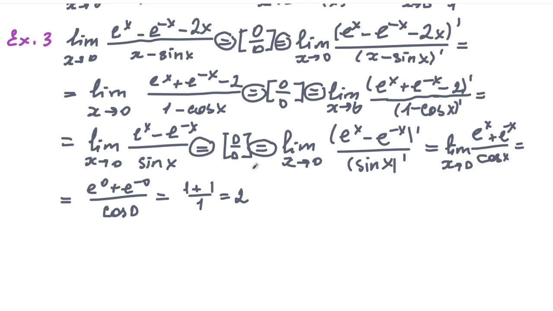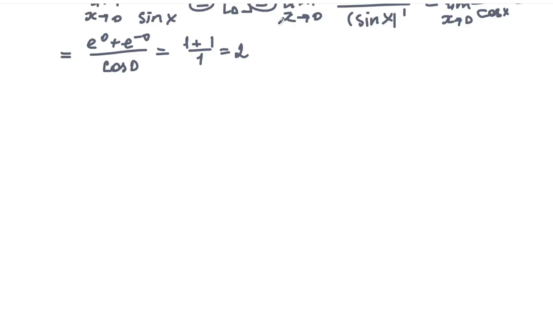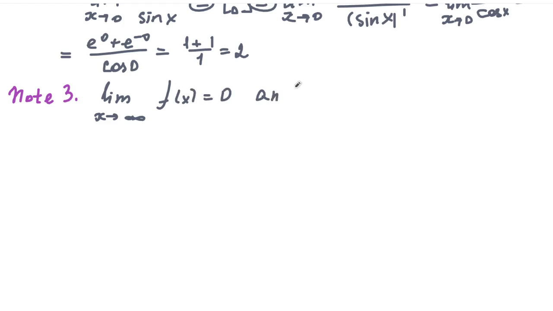Note 3. The L'Hopital rule is also applicable if the limit as x approaches infinity of f of x is 0 and the limit as x approaches infinity of phi of x is 0 too.